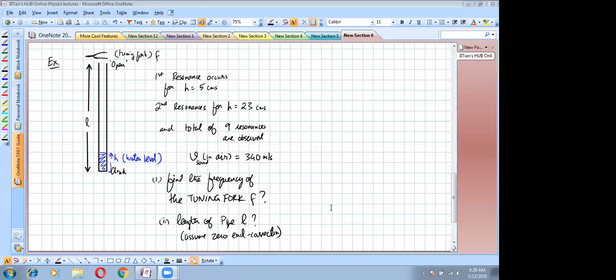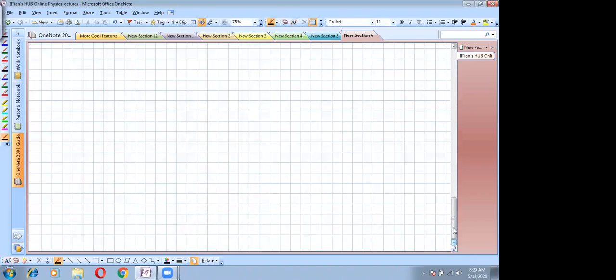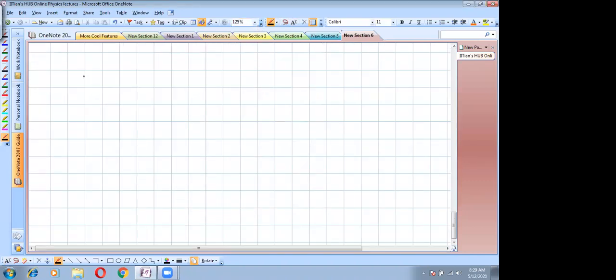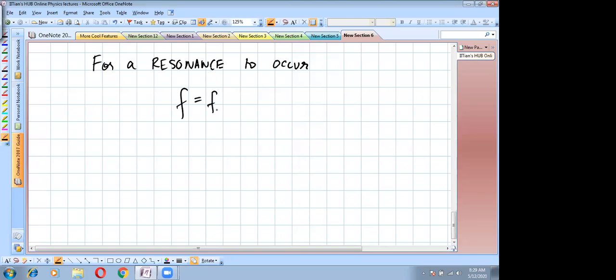Okay, so how to do this question? Let me start with a hint for you. So what you have to understand is that whenever there is a resonance happening, the concept of the question is like this: for resonance to occur, the frequency of the tuning fork has to become equal to some resonant frequency of the organ pipe.